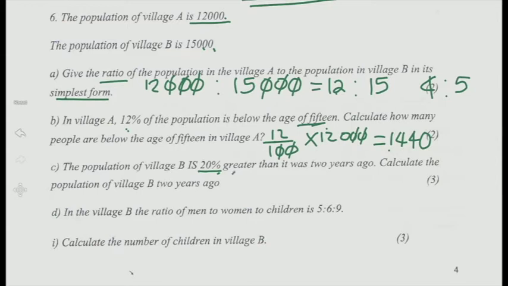So we have 20 over 100 times 15,000, 20% of 15,000. Then from the 20% of the 15,000, we are going to subtract.